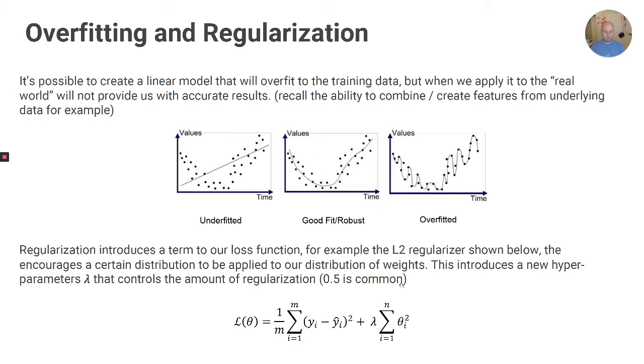The way we can accomplish this is by way of what's called regularization. What I've shown below here is just the basic L2 regularizer. The L2 regularizer just uses the L2 norm of our actual parameters. We're taking every parameter and multiplying it by itself, basically taking the square of the parameters and multiplying it by a new hyperparameter called lambda.